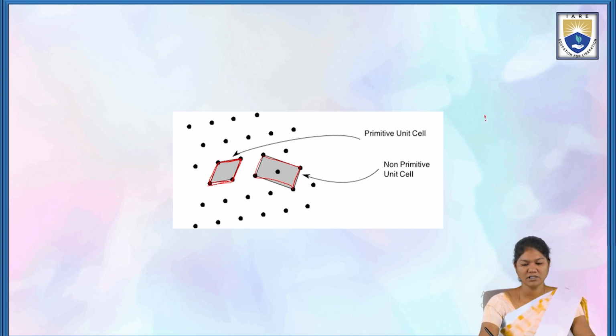So one point is formed with primitives. A primitive cell is nothing but a unit cell which is formed with primitives.